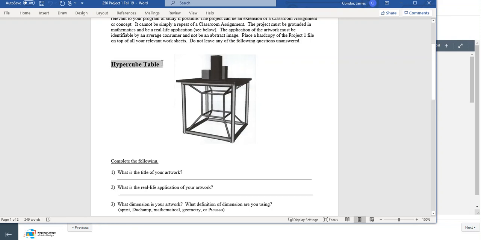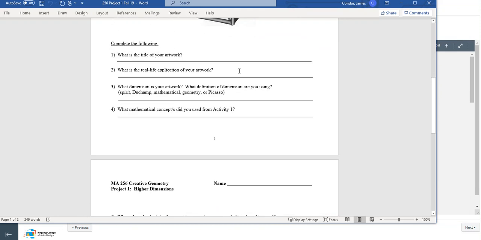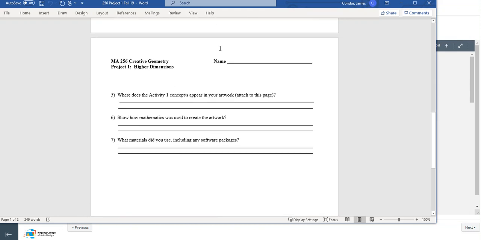Now, a hypercube table is what you create. And you'll see this person had drawn the base and put in the vertices, the right number of vertices and design of what mathematically a hypercube would look like, and then what a hypercube table looks like. That would be their project, and they just talk about the concepts that were in it.